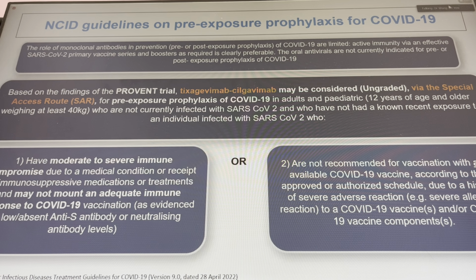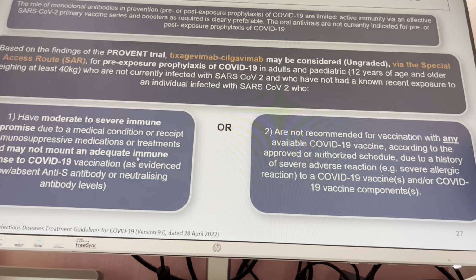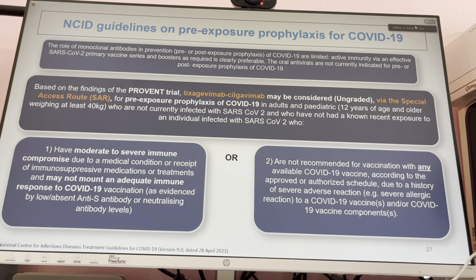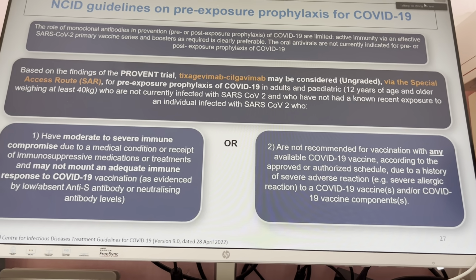So NCID, based on the findings, has advised that Evusheld should be considered in patients for pre-exposure prophylaxis, and if they have been exposed, and if they have a moderate or severe immune compromise, or are known to have not mounted an adequate immune response to COVID-19 vaccination, as evidenced by low S antibody levels or neutralizing antibody levels, of which our patient had both.